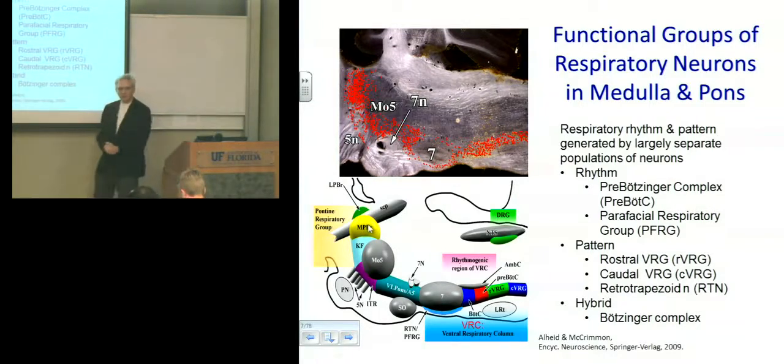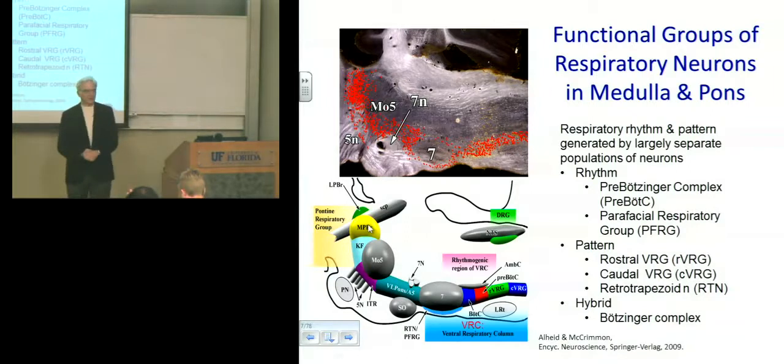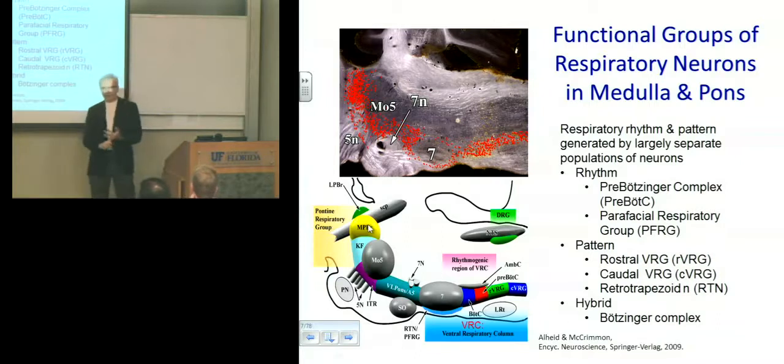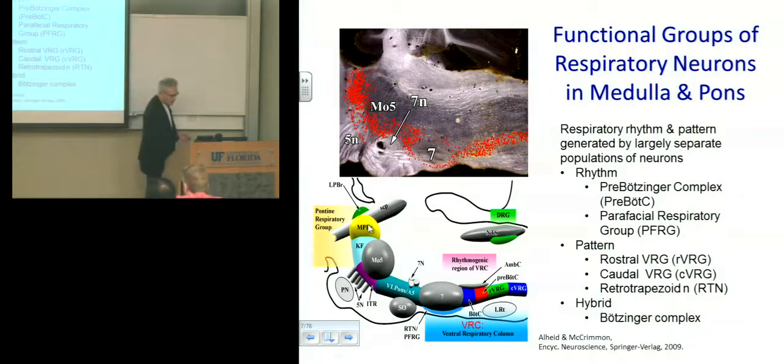But when you actually look at where respiratory neurons are located, either defined anatomically by retrograde labeling or electrophysiological recording, most of them are going to be in the Kölliker-Fuse nucleus, and maybe the most extreme lateral aspect of the medial and the ventral part of the lateral nucleus.